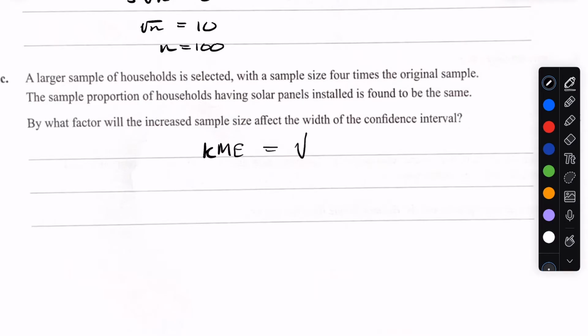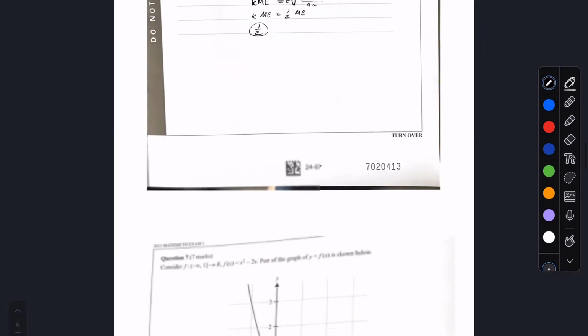If I have 4 times n, it's z times the square root of p hat times 1 minus p hat over 4n in this case, and the new margin of error comes out as 1/2 times z times, and this part is the margin of error, so 1/2 times the margin of error. So the factor is 1/2. All right.